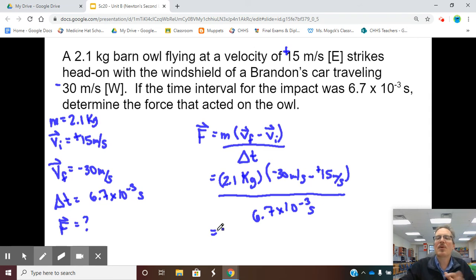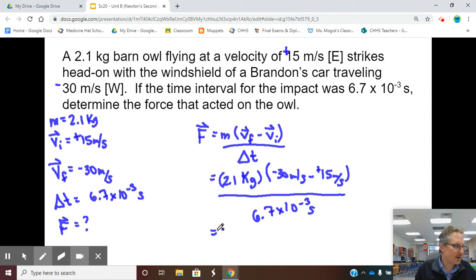So here's how I would type it in my calculator. I would go 2.1 bracket negative 30 minus 15 close bracket enter divided by 6.7 times 10 to the raised negative 3.